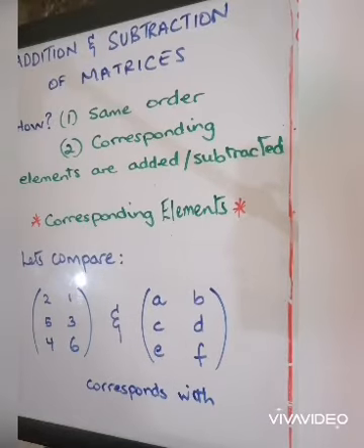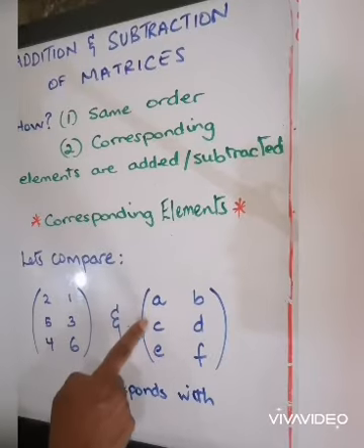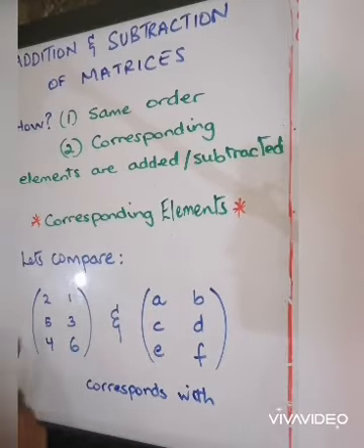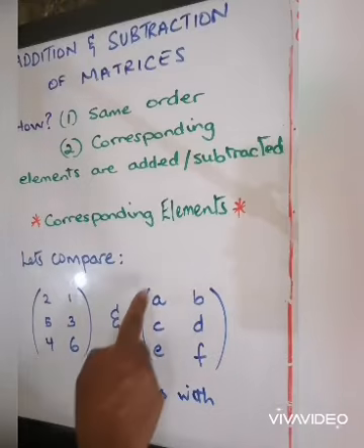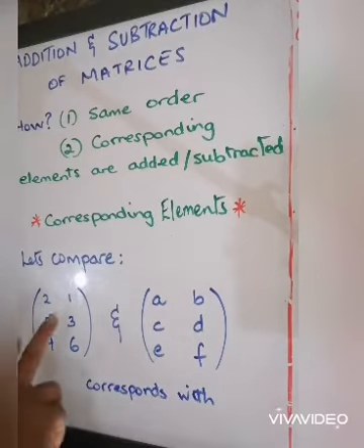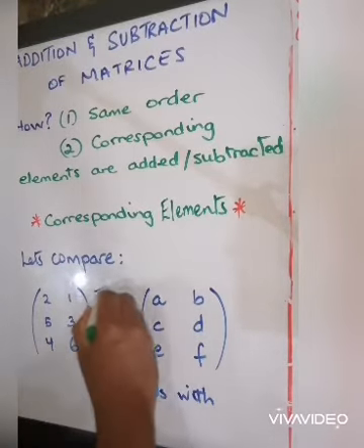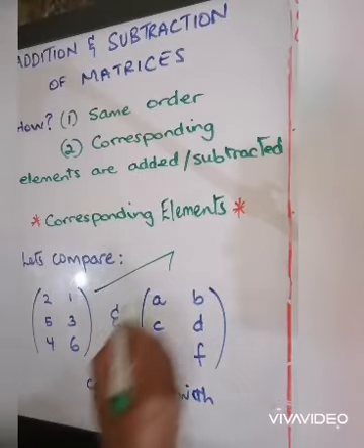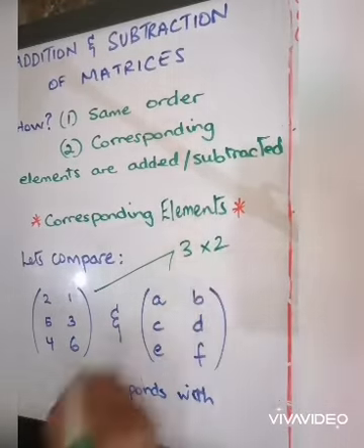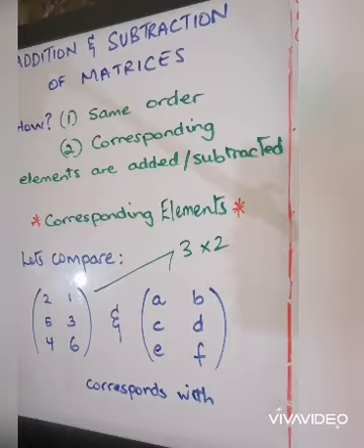They both have 1, 2, 3 rows, 1, 2, 3 rows, and 1, 2 columns, 1, 2 columns. So both matrices are 3 by 2. So they have the same order. But we're not here to add them. We're just here to compare them so we can differentiate what are corresponding elements.